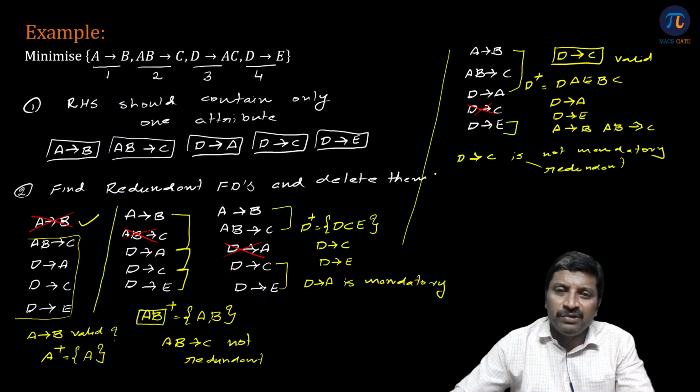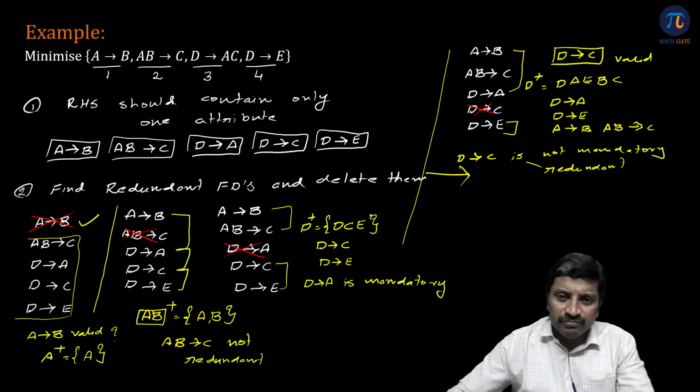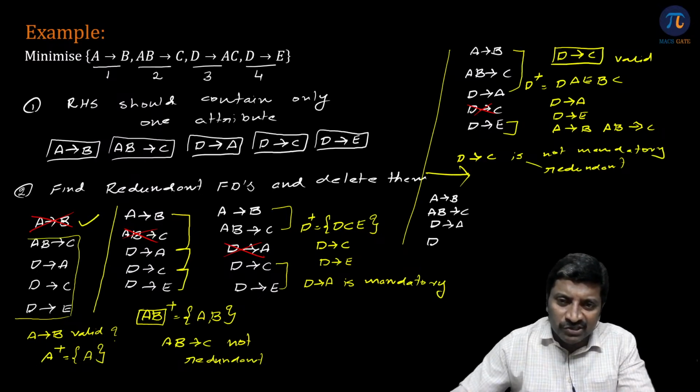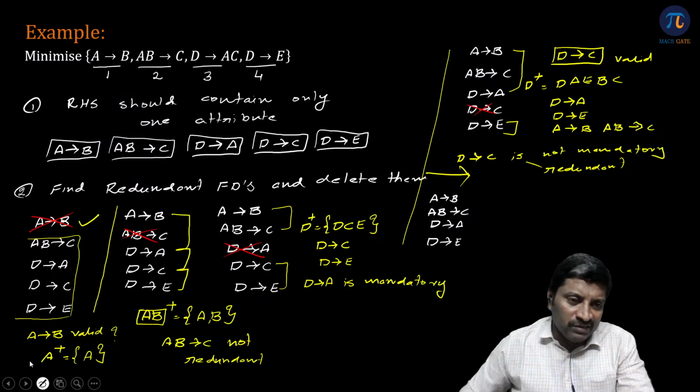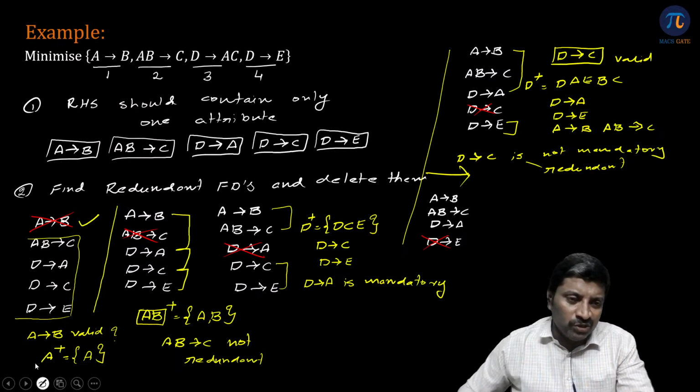So delete it. Let us consider the fourth one. A implies B, AB implies C, D implies A. We removed the fourth one, sir. It's not needed. Now I want to verify whether the next one is extra or not. Let us continue the closure.